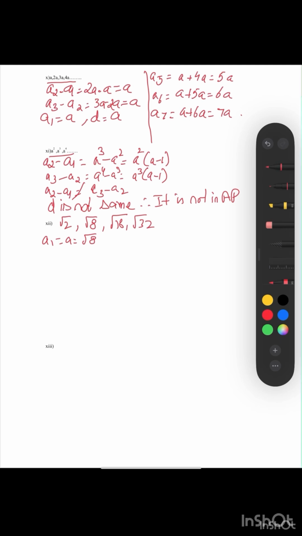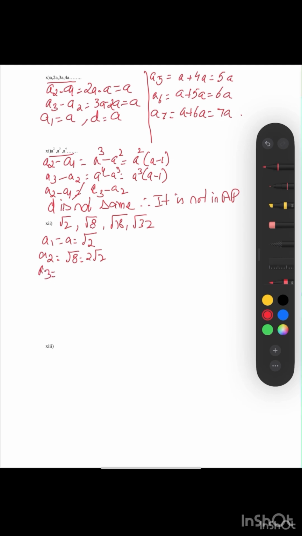My first term a1 is equal to a, which is root 2. My second term is a2, which is under root 8, and under root 8 can be written as 2 under root 2. Similarly, the third term a3 is under root 18. Over here, how are you going to find out?